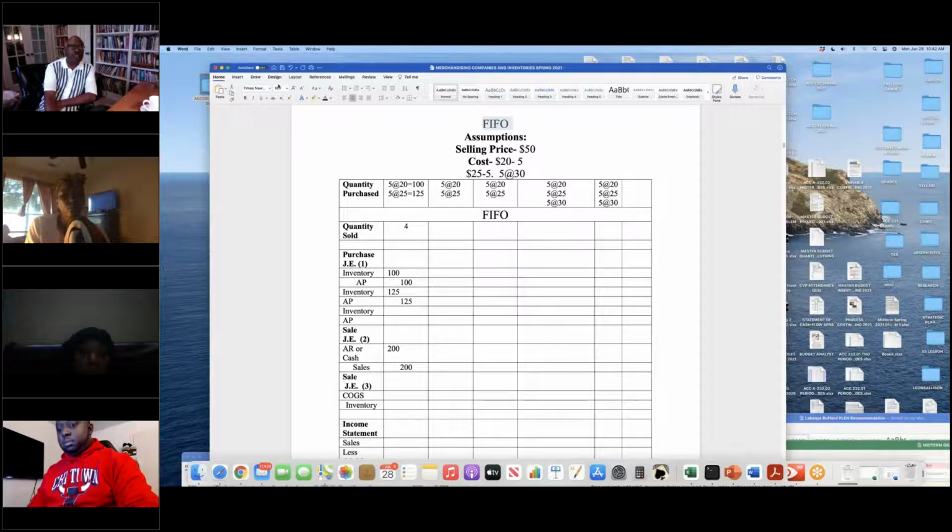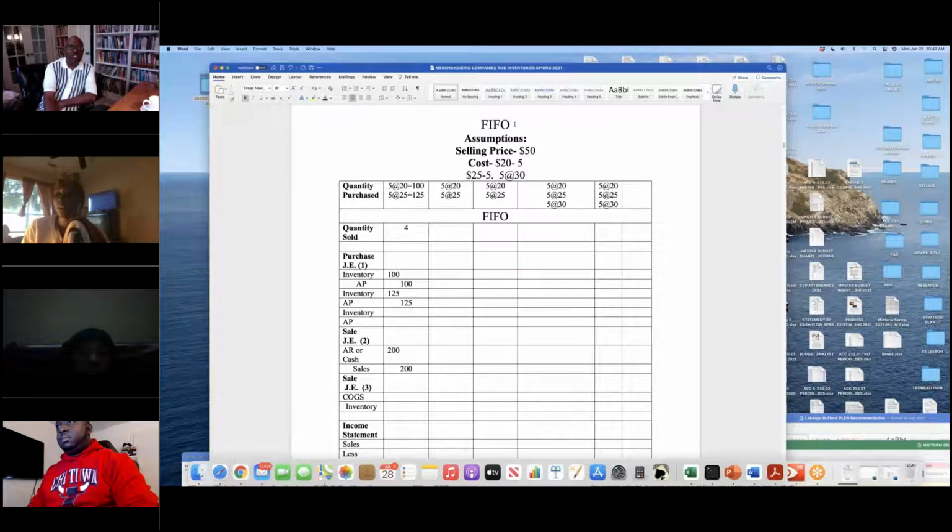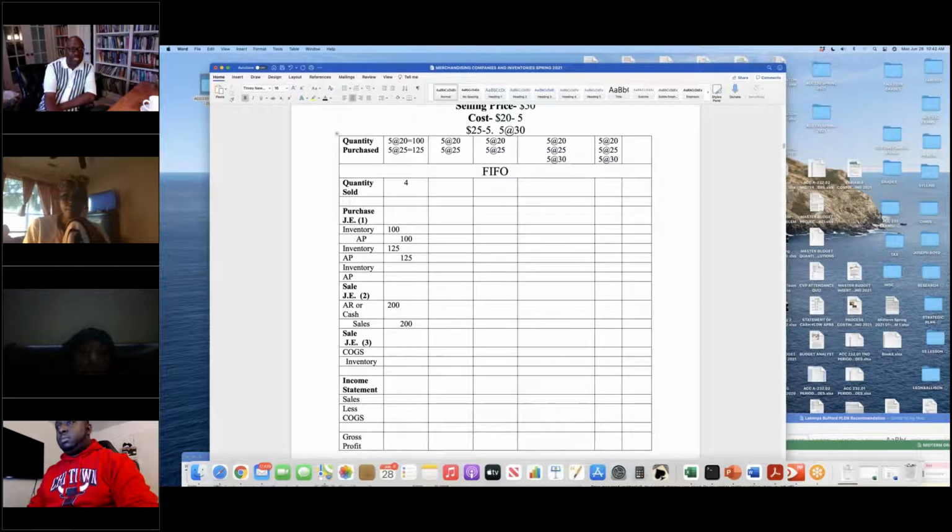Our FIFO assumption. So we'll assume that we sold them at $20. Okay, sell the old shoes first, so it'd be 80 then. So we'd have 4 times 20 was 80.